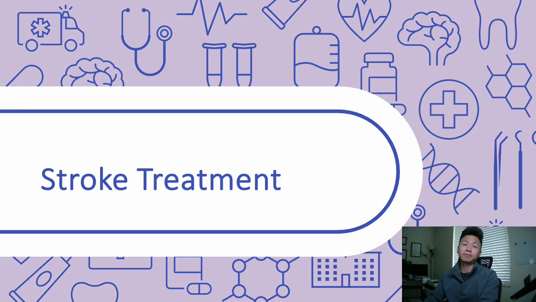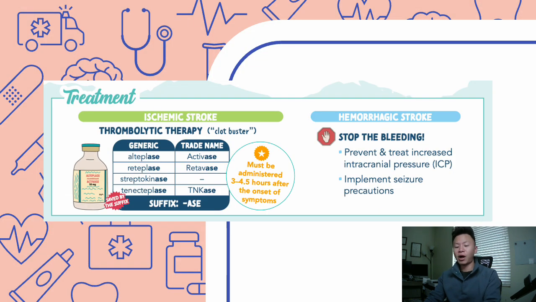Now, stroke treatment. Very important again, find out what type of stroke, because the treatment greatly varies between the two strokes. For the treatment of your ischemic stroke, we do have to bust that clot. That's our key word there. What does that mean? We have to use what we call thrombolytics. What are thrombolytics? Anything that ends in an ACE: alteplase, streptokinase, reteplase.